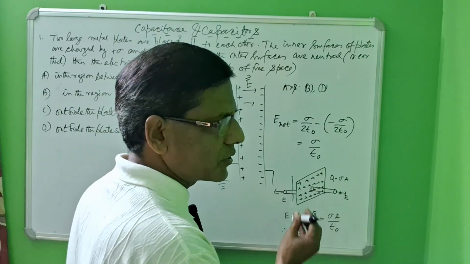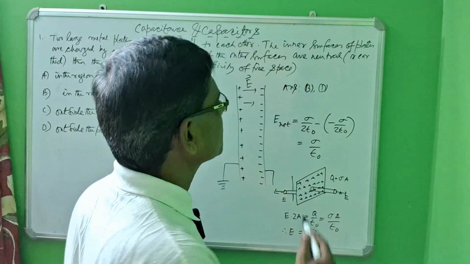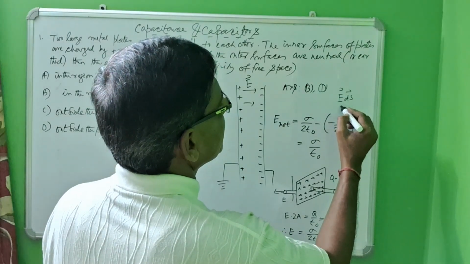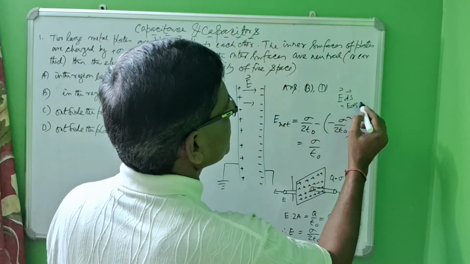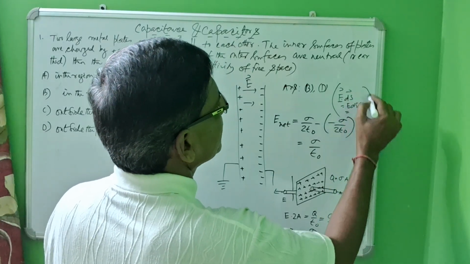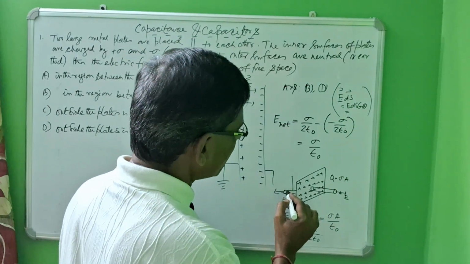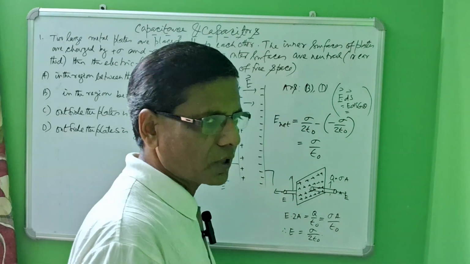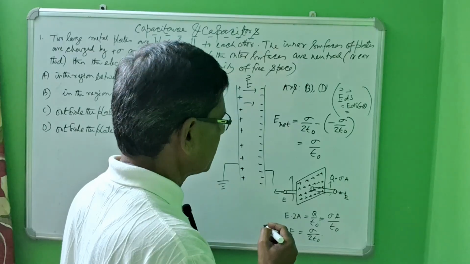So this part will vanish, because E dot ds equals E ds cos theta. If theta is 90 degrees, then it will vanish. So for the longitudinal part, this will vanish.